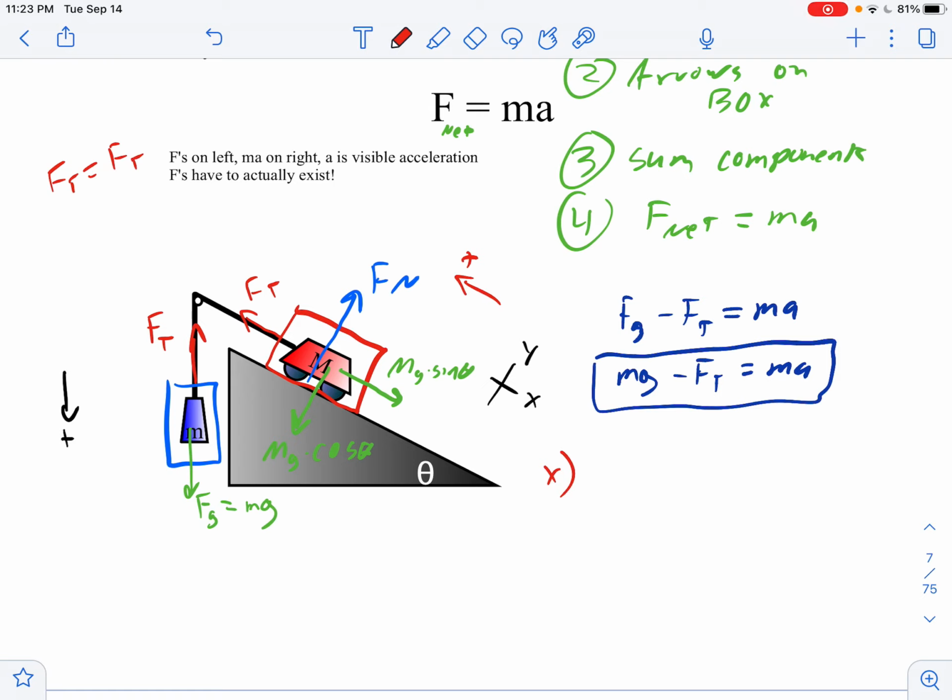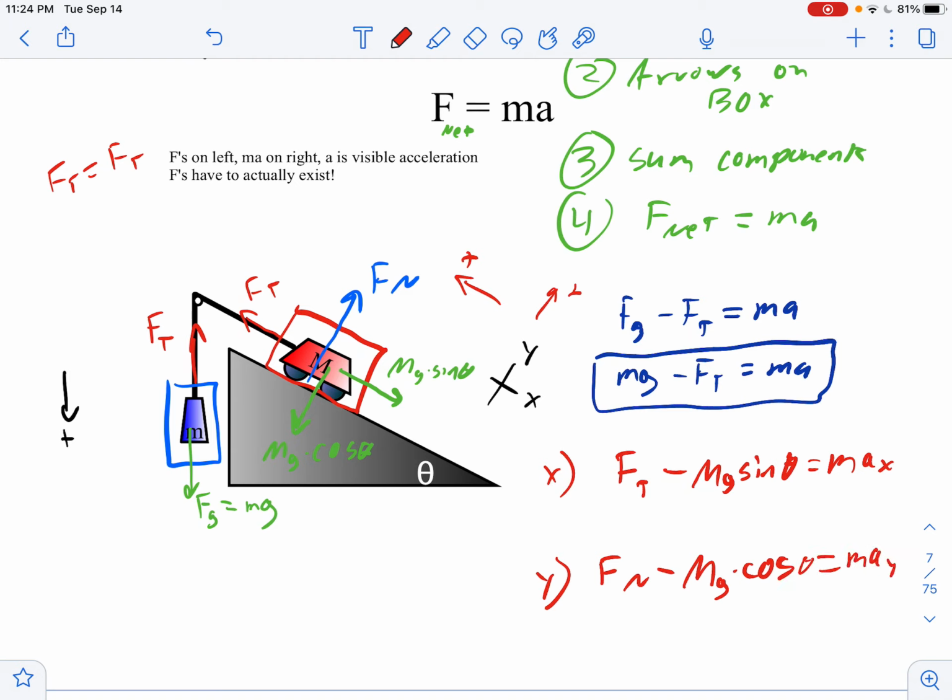Along my x dimension, that tension force minus the mg, that's the big M g sine theta, is equal to m ax. And then up and down along my y dimension, let's make this way positive as well. So I've got normal force minus big mg times cosine of theta is equal to ma y.